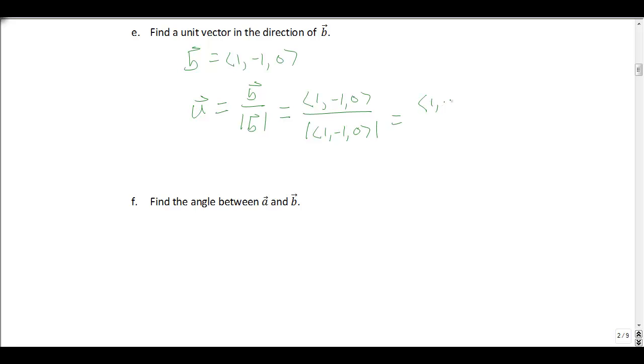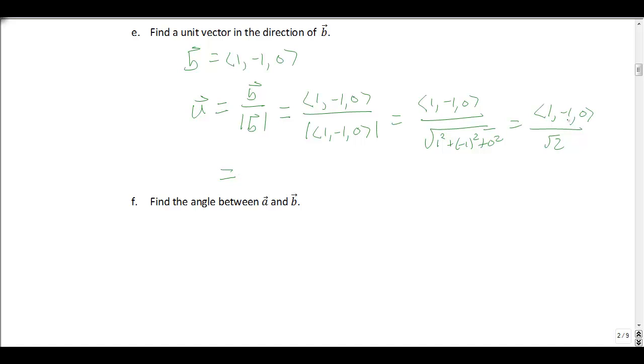So that's 1, negative 1, 0, divided by the square root of 1 squared plus negative 1 squared plus 0 squared. So that's 1, negative 1, 0, divided by, this is going to work out to be 1 plus 1 is 2, plus 0, square root of 2.